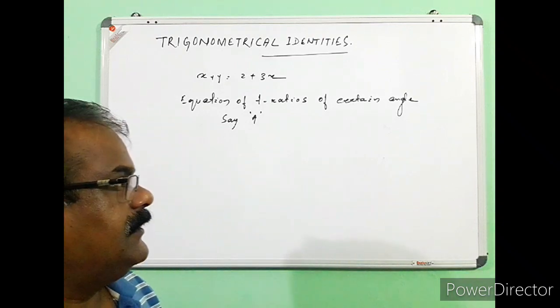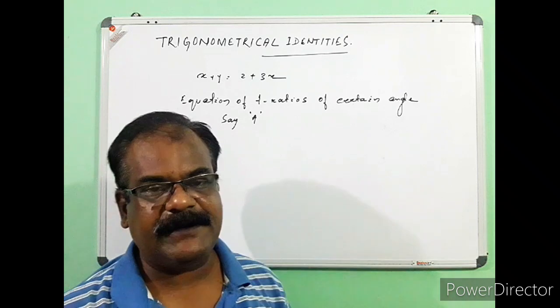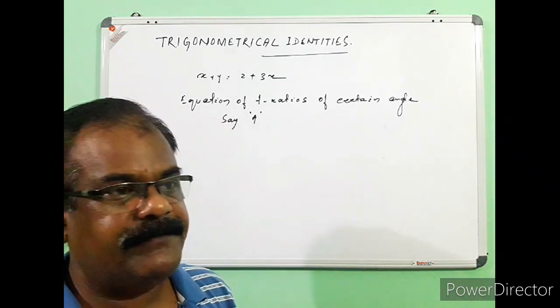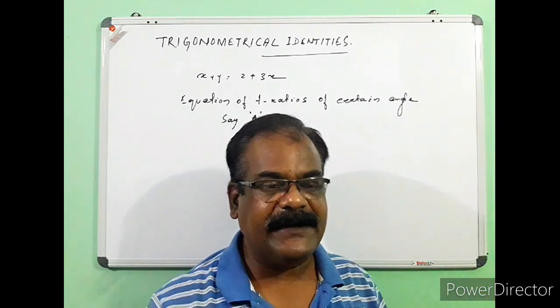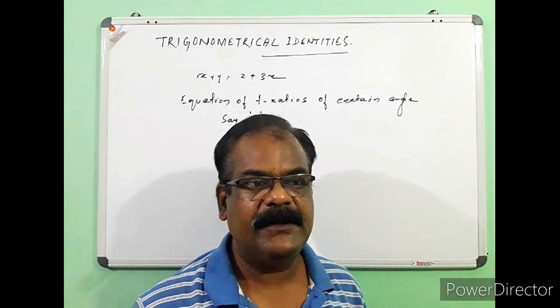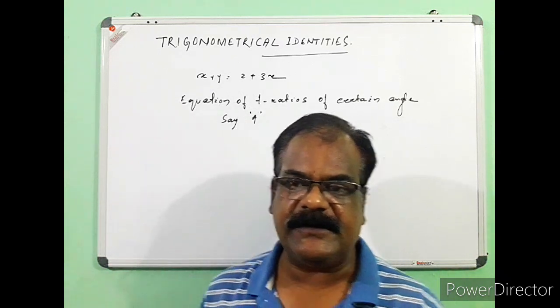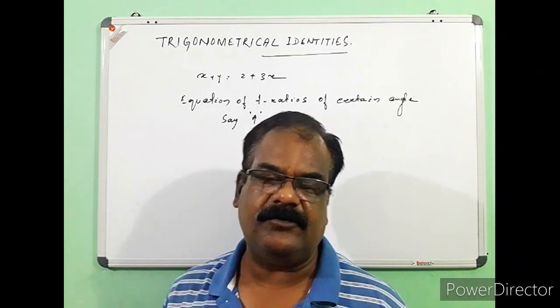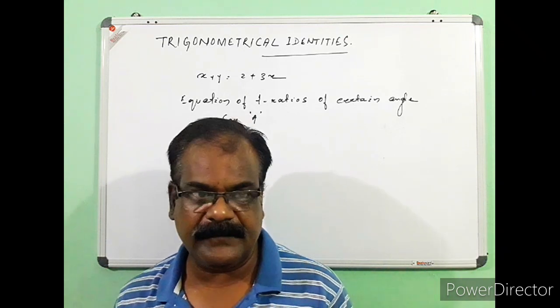In earlier stages you must have read about the different types of trigonometrical ratios, and also that trigonometry is applicable particularly to right angle triangles. If there is any other form of triangle, we have to change it into a right angle triangle, and then only it can be applicable.